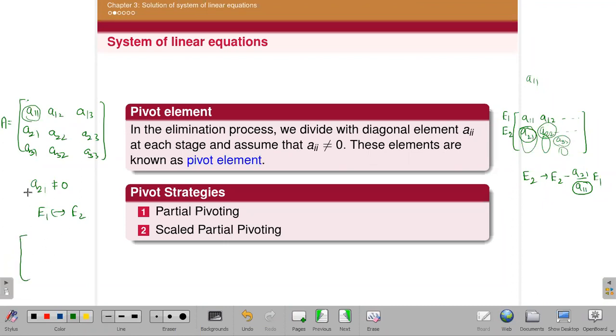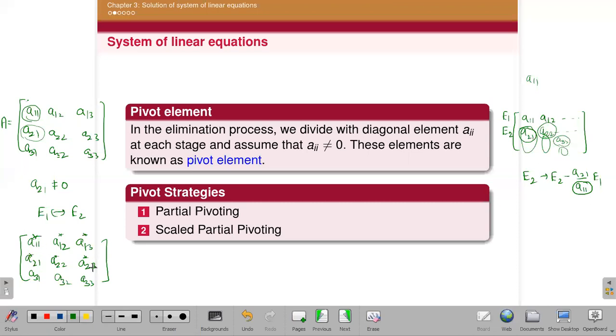Now this element will become A11, I'm taking a different notation, A11 star, A22, and this will also become A12, A13, and these entries will also change, then A31, 32 and 33.